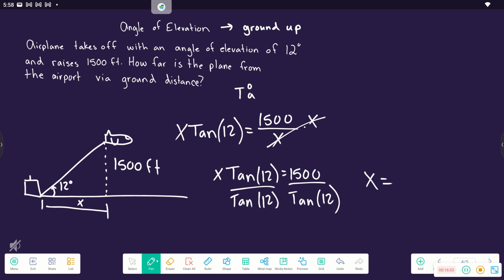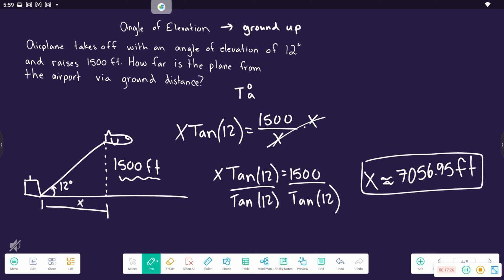Using our calculator to plug everything in, we've got 1,500 divided by the tangent of 12 gives us approximately 7,056.95. Now, when we are talking about word problems, we have to use our units. If one side is recorded in feet, this is also talking about feet, okay?